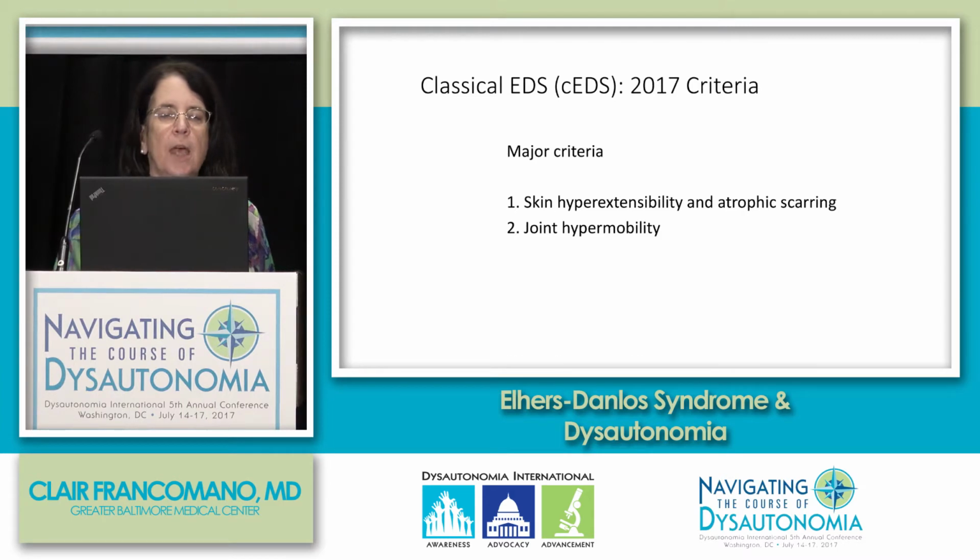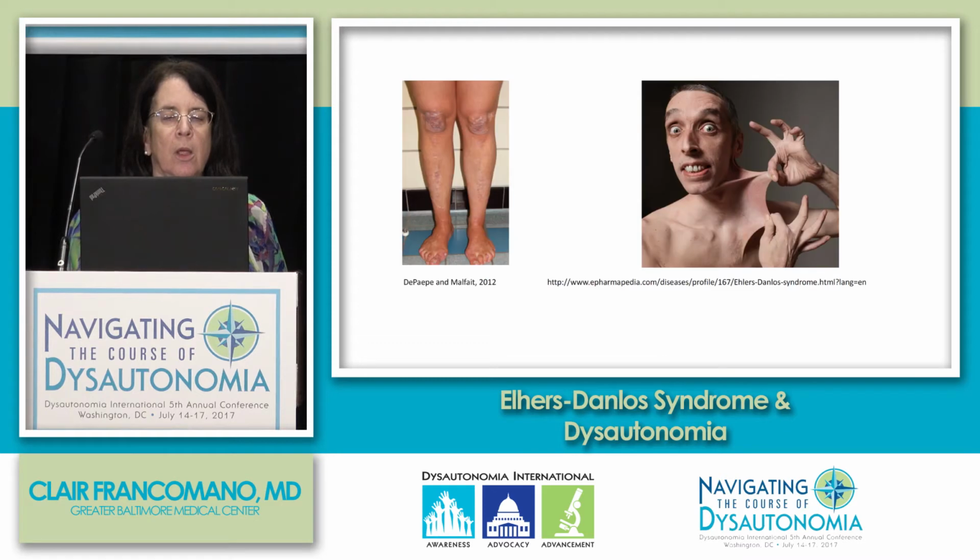For the classical type of EDS, in the 2017 criteria, the major criteria are skin hyperextensibility and atrophic scarring, and joint hypermobility. The stretchy skin is very typical of the classical type of Ehlers-Danlos syndrome. This degree of stretchiness is something that we really don't see in any of the other types.